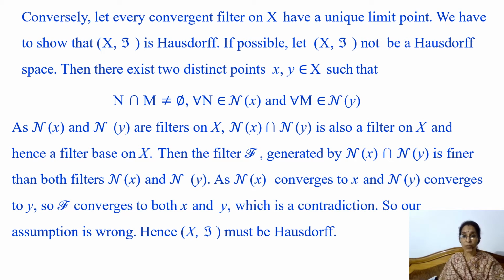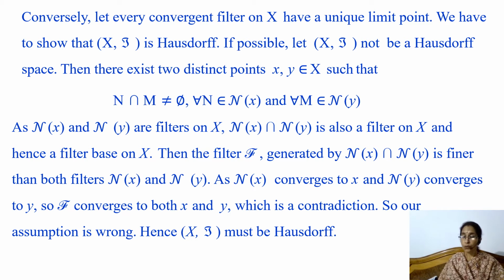But if the space is not Hausdorff, then we can find at least one pair of distinct points x and y of X such that their neighborhoods are not disjoint. That means N intersection M is non-empty for every neighborhood N of x and every neighborhood M of y.